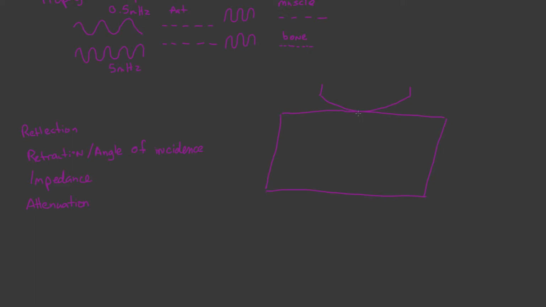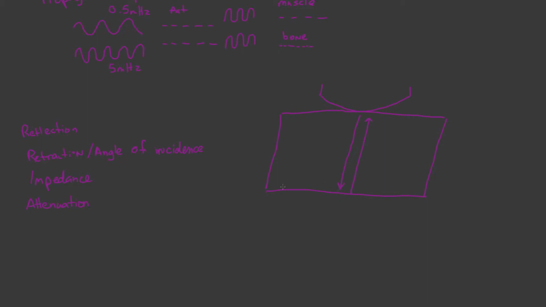So anytime there is a boundary with two different densities, that sound wave is going to get reflected back towards the transducer. And the transducer is going to recognize that, and it's going to run some calculations to figure out how deep that barrier is, and it's going to put up a picture on the screen. This is the major concept behind pulse echo systems.